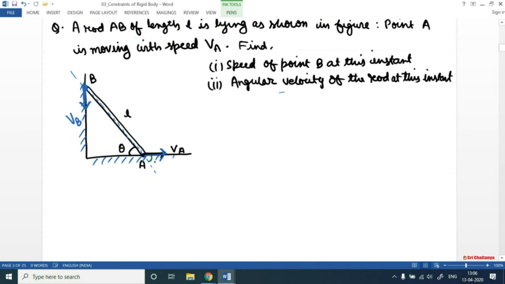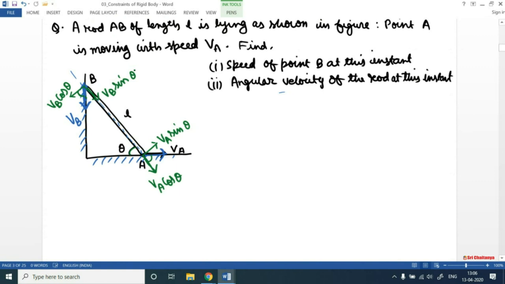This angle here is theta, so this is going to be VA cos theta, and this is going to be VA sin theta. Similarly, when we resolve VB, these will be two mutually perpendicular components. If this angle is theta, this is 90 minus theta, so this angle would be theta over here. So this would be VB cos theta, and this would be VB sin theta.